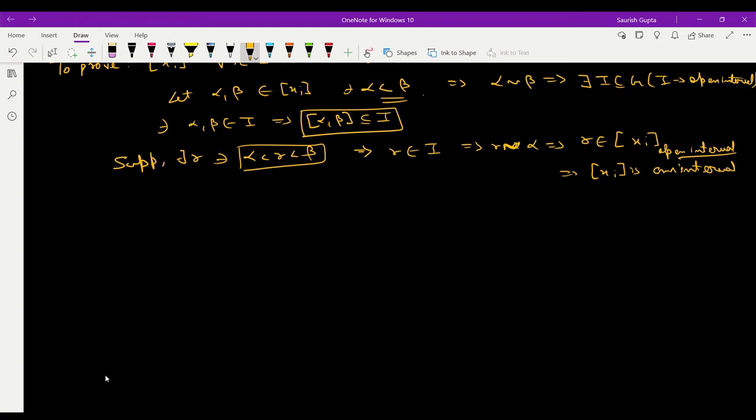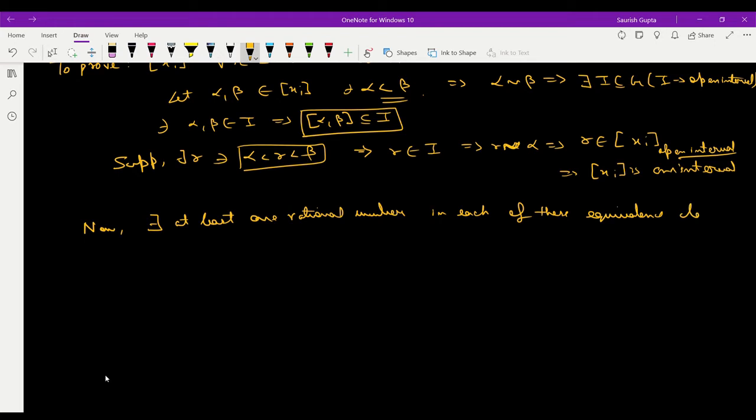So what I am trying to say is that there exists at least one rational number in each of these equivalence classes.